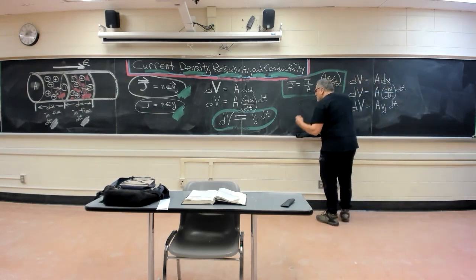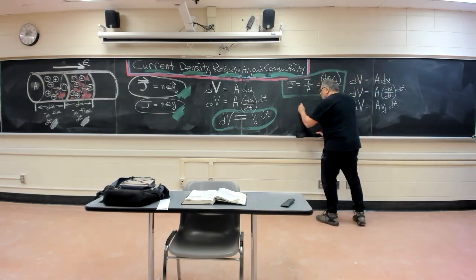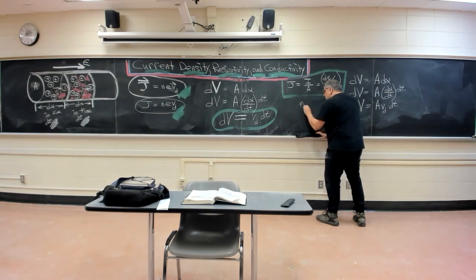If you took the charge carrier density, which is the number of charges per unit volume, and multiplied it by the volume, you'd have the number of charges.